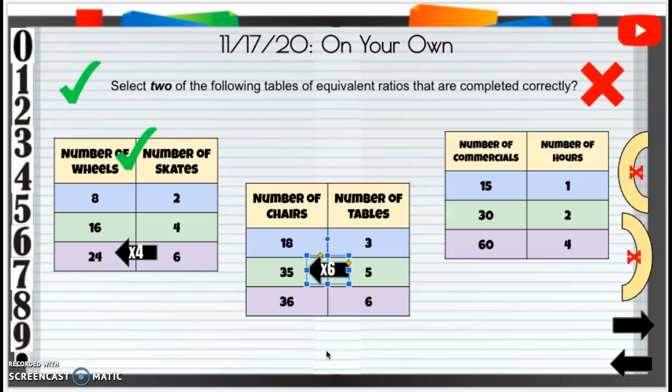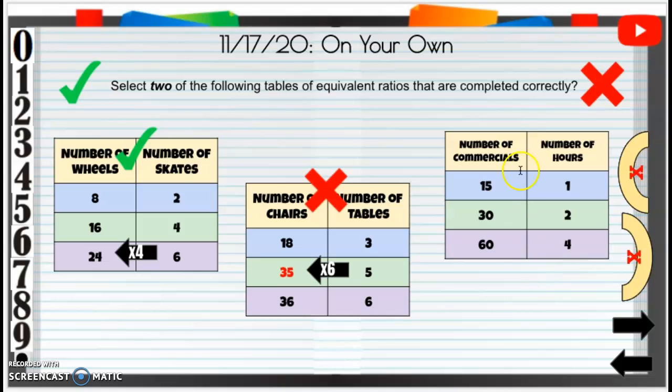Not quite. 5 times 6 is going to be 30, not 35, so I'm going to put that in red. But this last one, 6 times 6 is 36. But because this is incorrect, that means this whole table is going to be incorrect. So I'm going to X that.